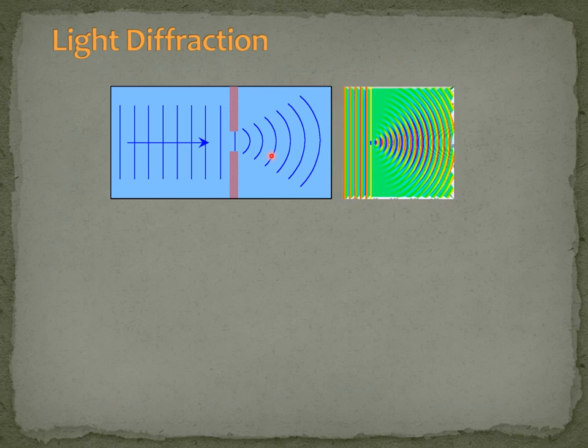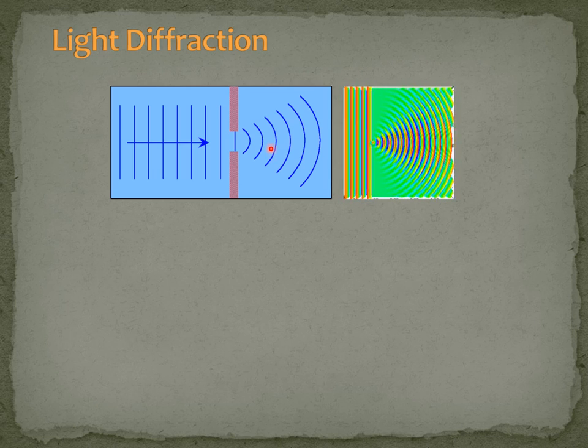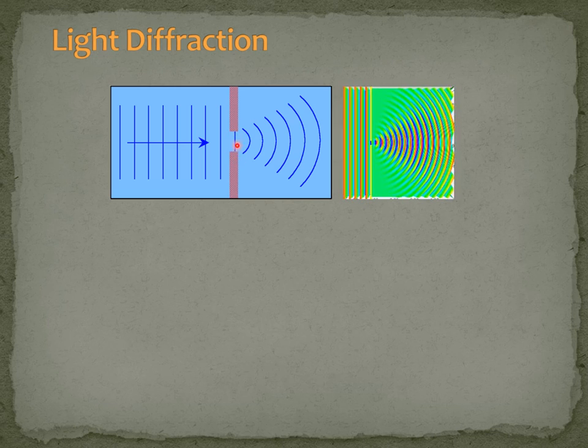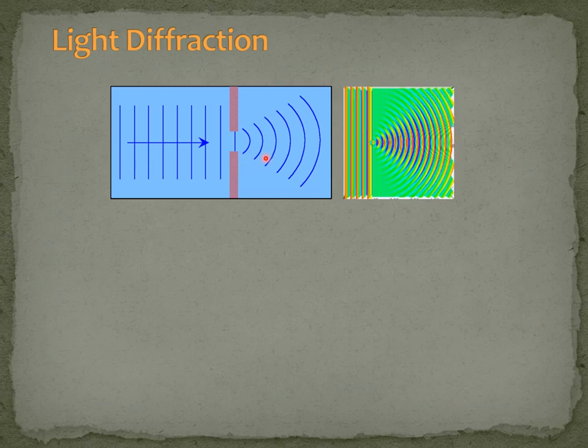Obviously this diffraction depends on the wavelength, and it depends on the size of this hole, this aperture that we have in here. It's present in our everyday light.